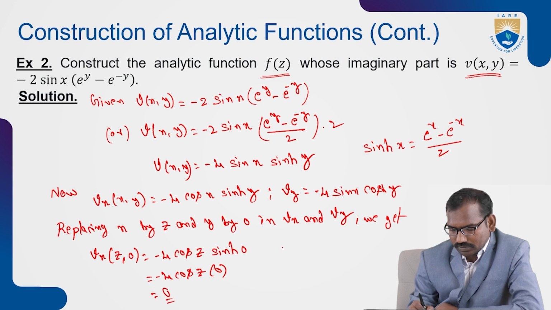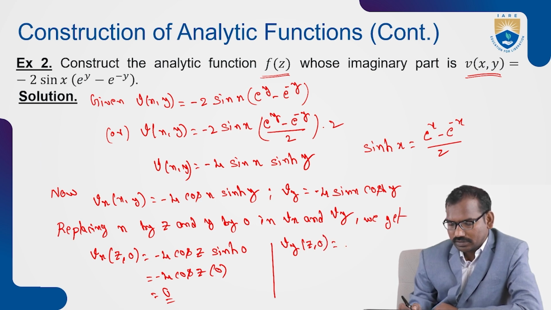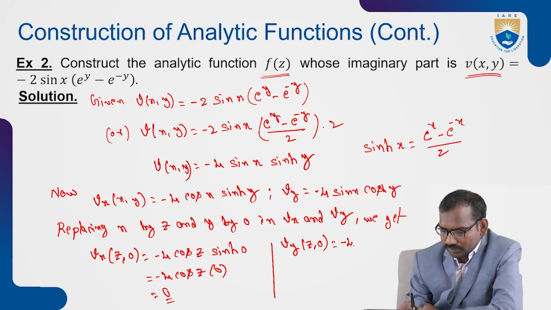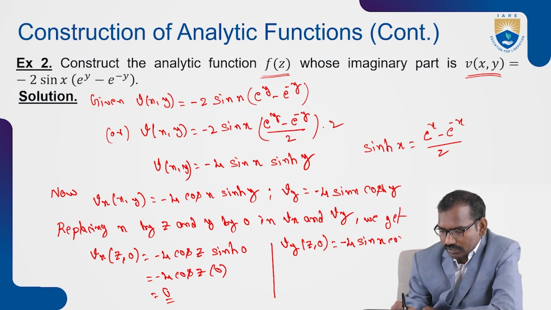Note this. Also, we calculate v sub y, replacing x by z and y by 0. We will have minus 4 sin x. Here I will get cosine hyperbolic 0.